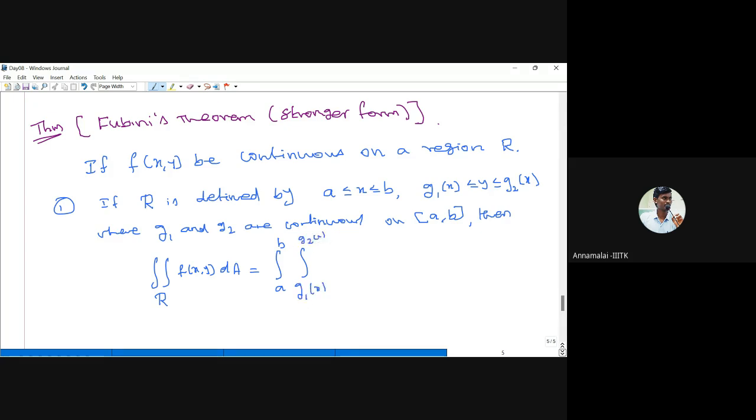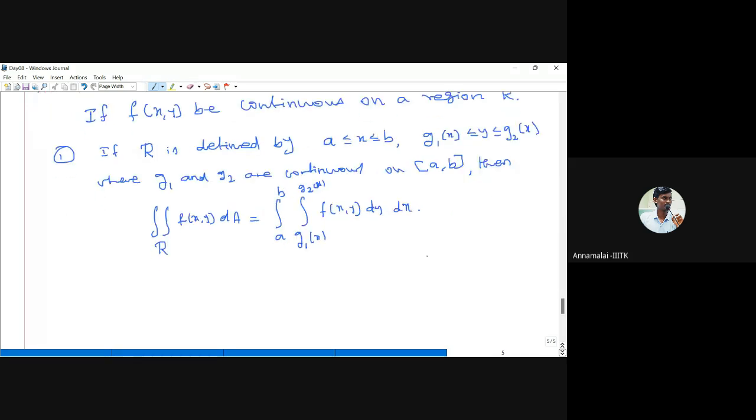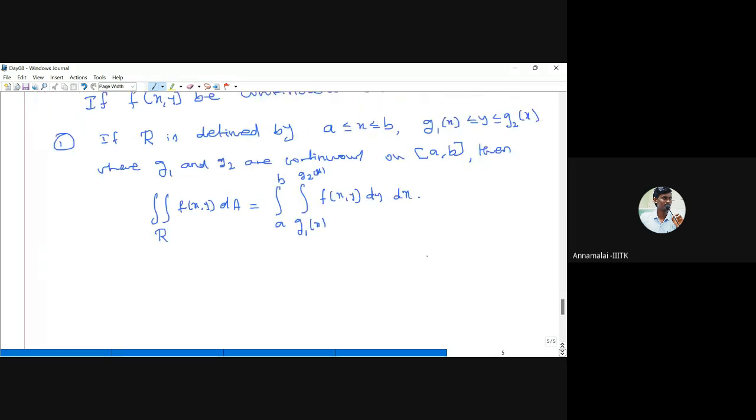Because the y limits are variables, first you have to evaluate the inner integral, and then evaluate the constant limits. So that is the first point. Suppose y is bounded by constants but x depends on y, then you have to evaluate x first and then evaluate y. So that is second.